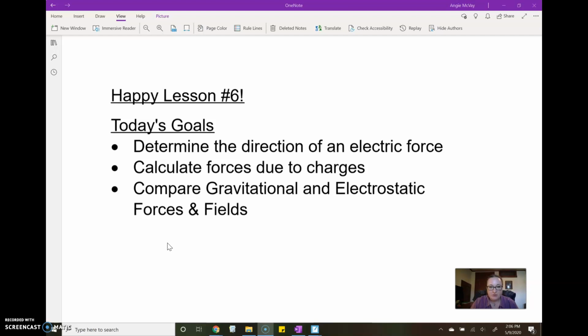We'll be able to determine the direction of an electric charge, calculate forces due to charges, and also compare gravitational and electrostatic forces in fields.